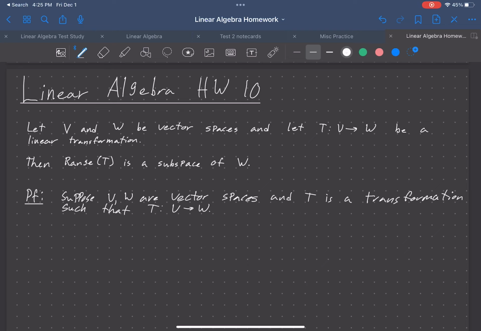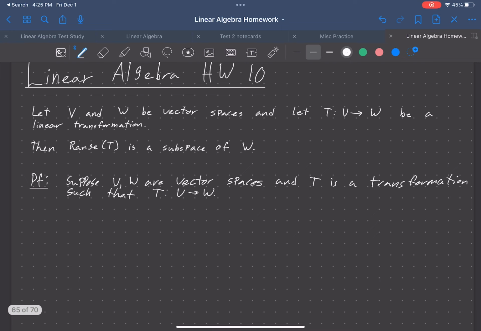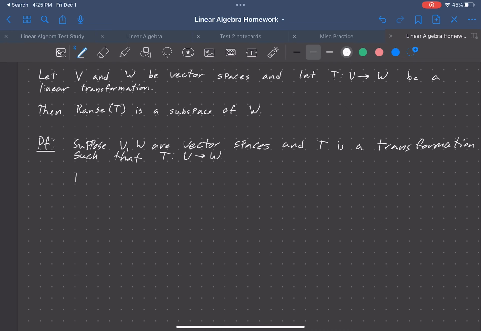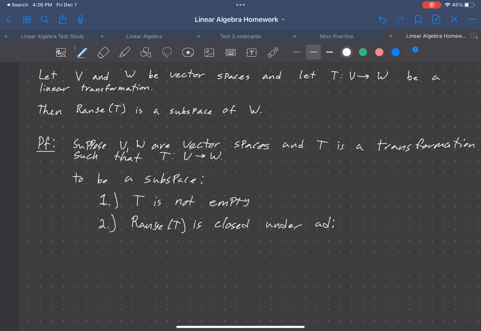So in order to be a subspace, there are three properties that must hold. Number one, the range of T must not be empty. Number two, the range of T is closed under addition.